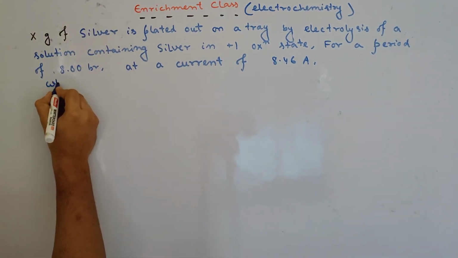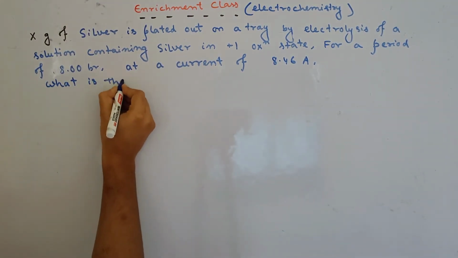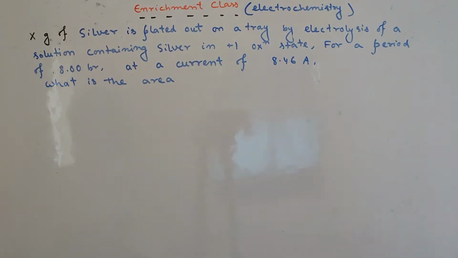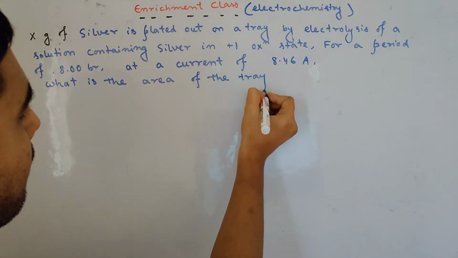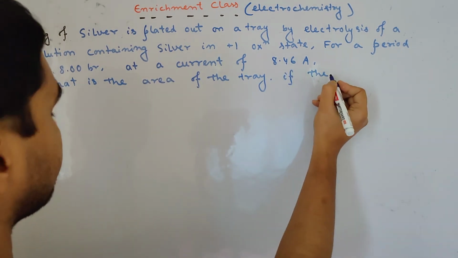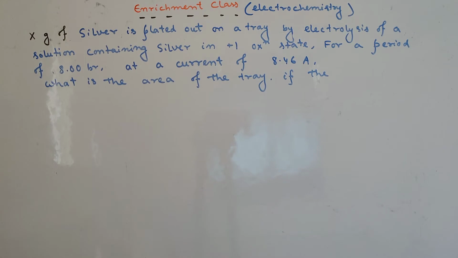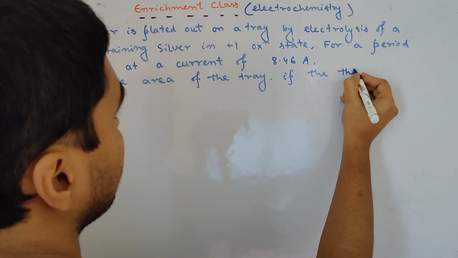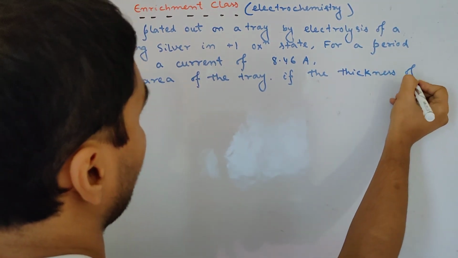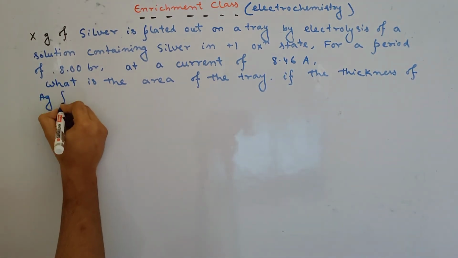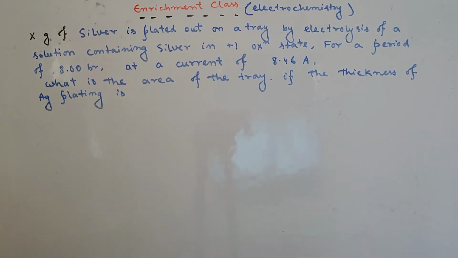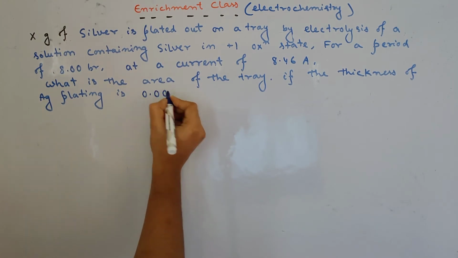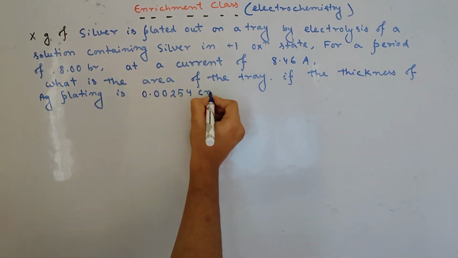What is the area of the tray if the thickness of the silver plating is 0.00254 centimeter?